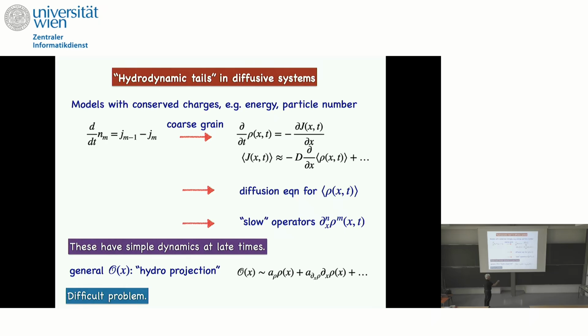So you basically have to compute the overlaps. And this is a very difficult and, in general, unsolvable problem. Yeah, so that's a cartoon of why the problem of hydrodynamic tails or hydrodynamic projection is still unsolved in general.